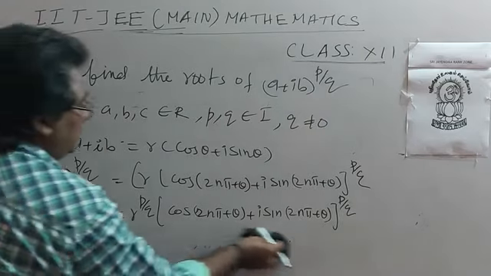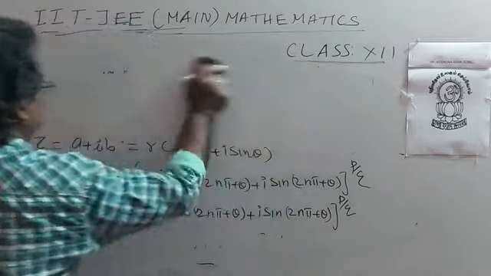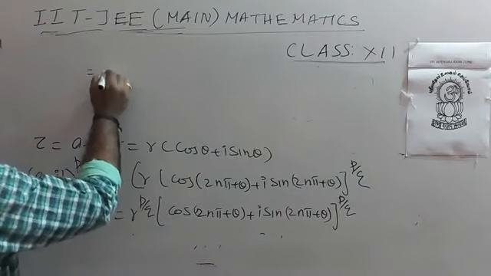Before that, you do one more step. Apply De Moivre's theorem, bring p by q inside.